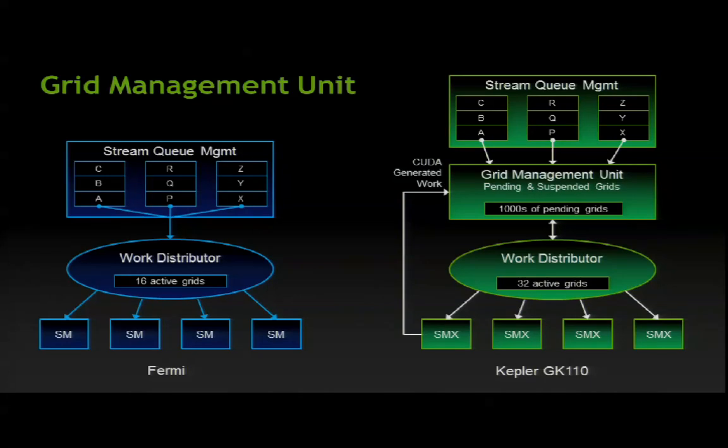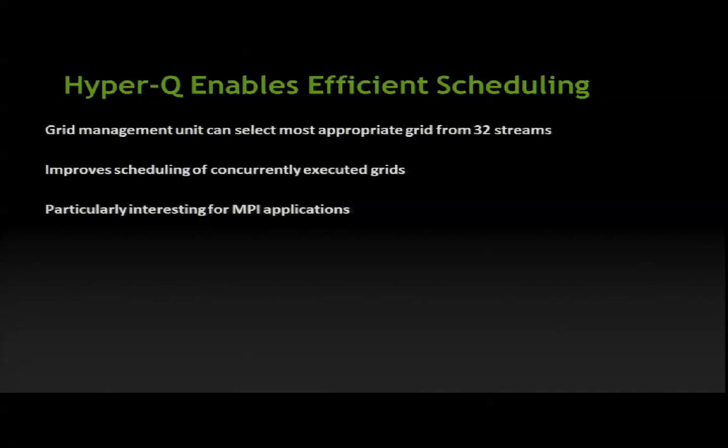And now with Kepler, we have this additional grid management unit in between, so that it can select better from the different streams to place the next kernel. And another cool feature is this line that goes back, and we will come back to that later. But that enables a whole lot of additional cool applications.